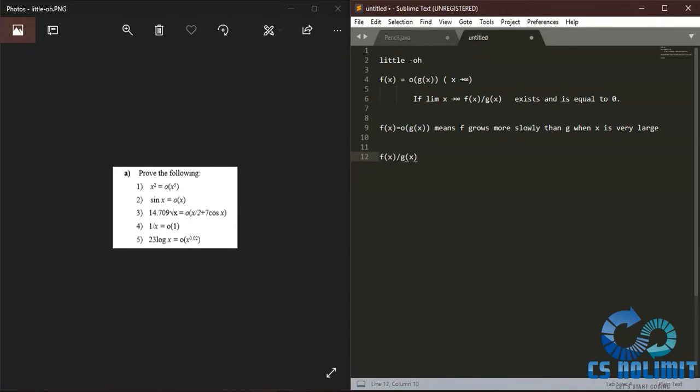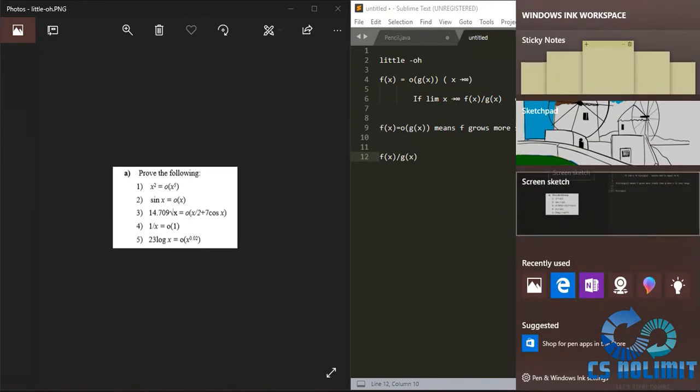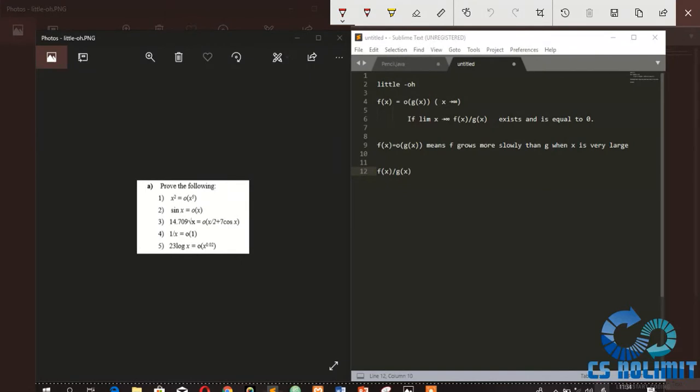Okay, let's start with x squared is equal to o of x to the 5. That means we have x squared as f of x, so put x squared over g of x, and g of x is the one inside the o, that is x to the power 5.